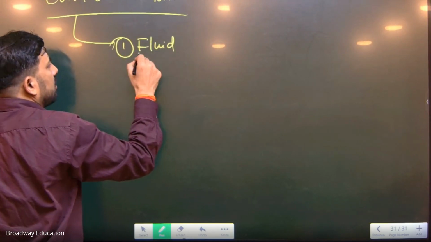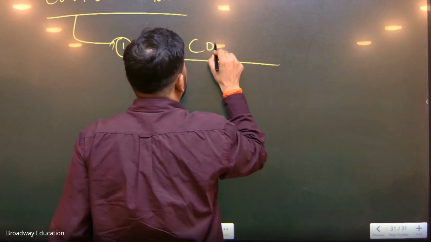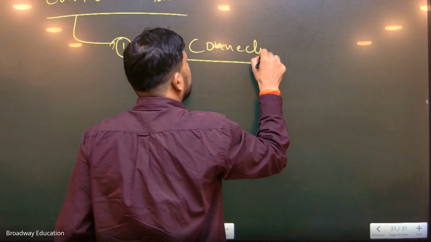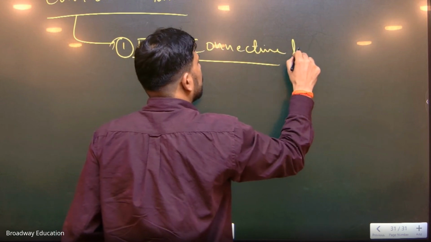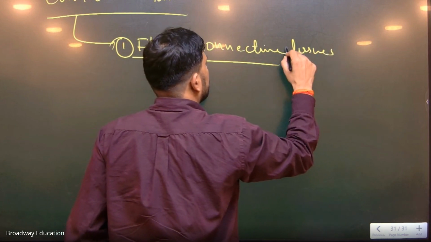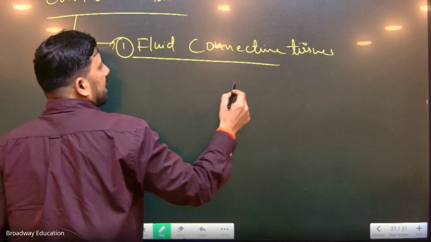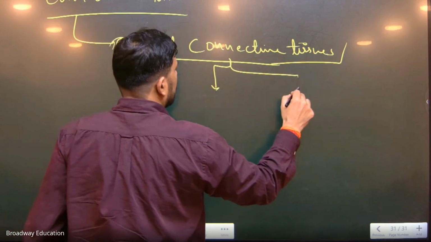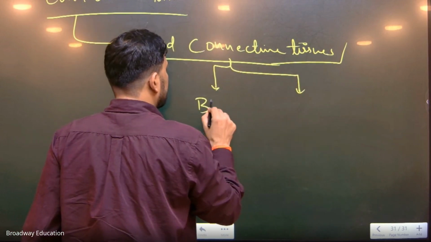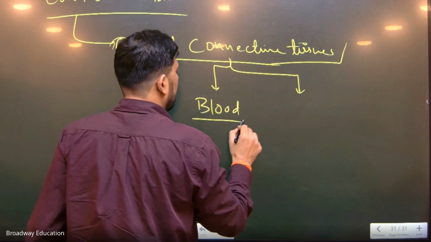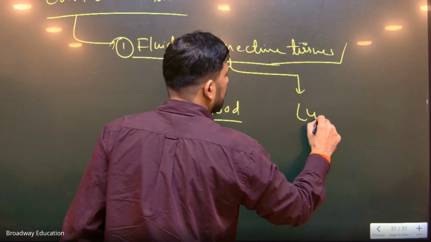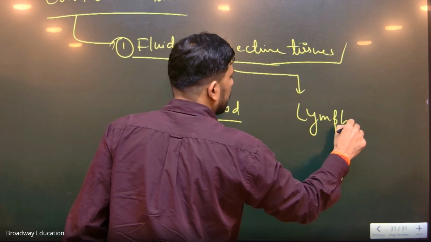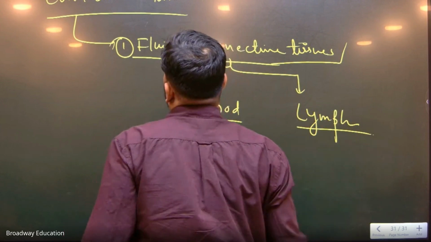Write down firstly, fluid connective tissues. It will include blood and lymph.